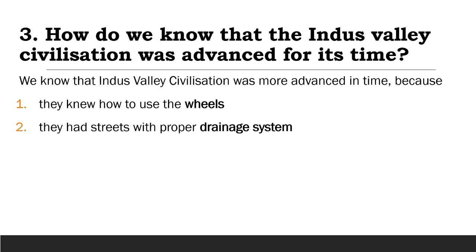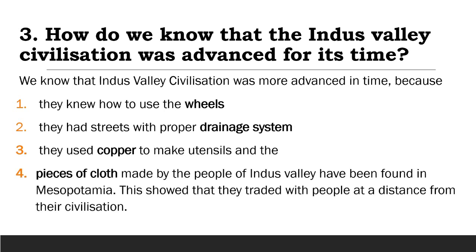They had streets with a proper drainage system. They used copper to make utensils, and pieces of cloth made by the people of Indus Valley had been found in Mesopotamia. This showed that they traded with people at a distance from their civilization.